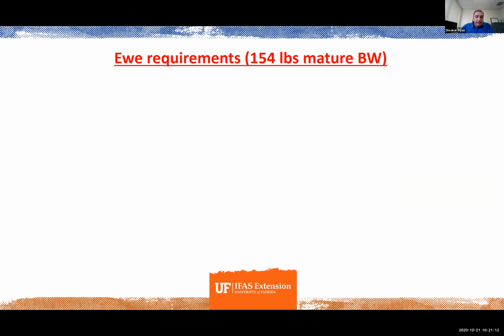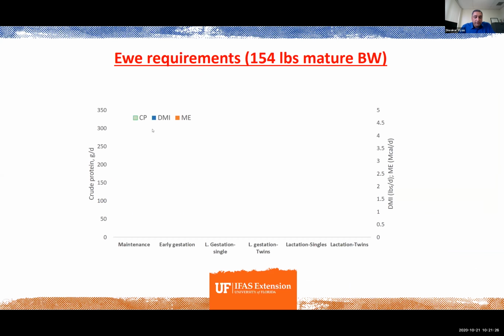So I'll just quickly give you an example of the requirements of a ewe. She's 154 pounds, mature body weight. On the x-axis, we have different physiological stages: maintenance, early gestation, late gestation with single fetus, late gestation with twins, lactation nursing a single lamb, and lactation nursing twins.